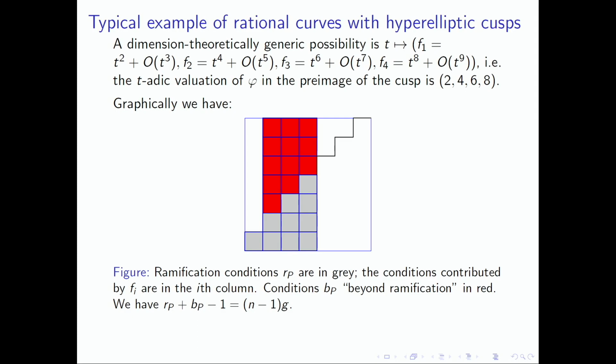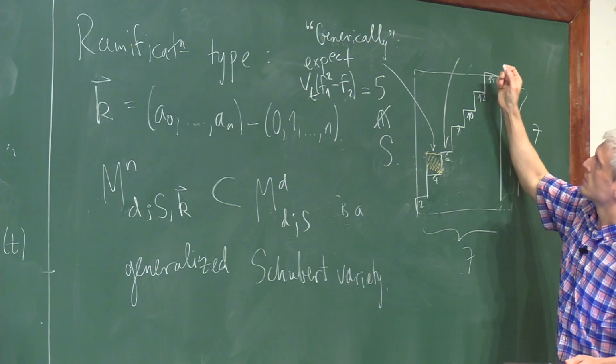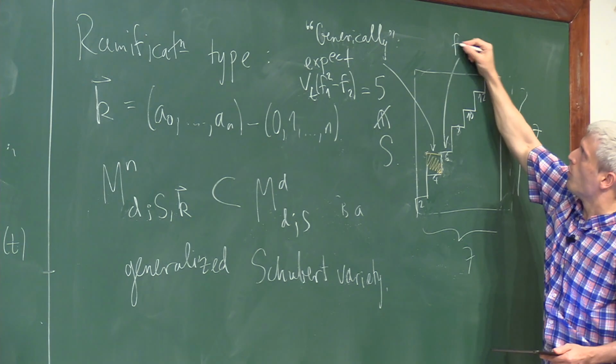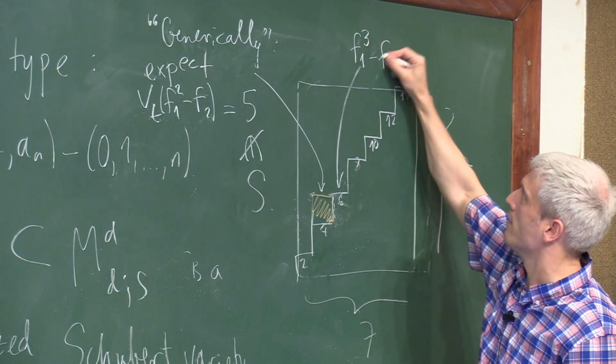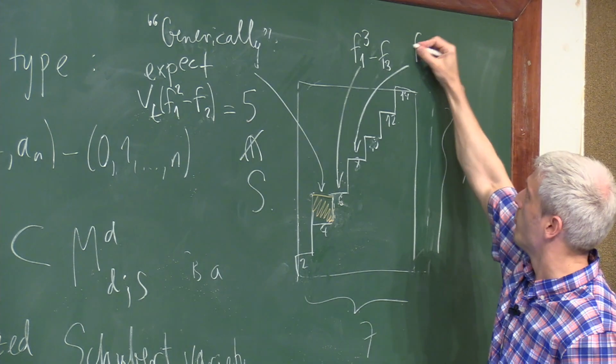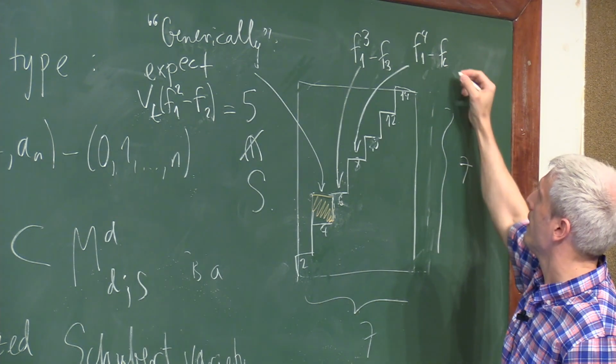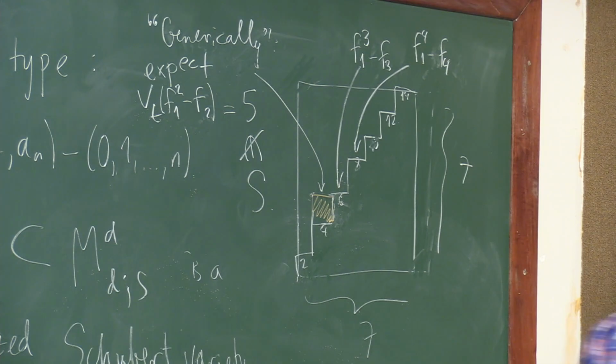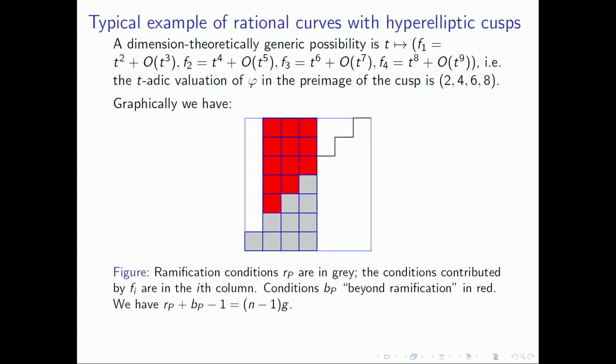And if you now move from the second to the third column, the first box will be associated to f1 cubed minus f3, and this one to f1 to the fourth minus f4. Now you start to see a pattern. This also helps explain why I've singled out this particular class of hyperelliptic semigroups, because these syzygies are particularly simple. That is a reflection of the fact that the factorization structure of elements in the semigroup is simple.